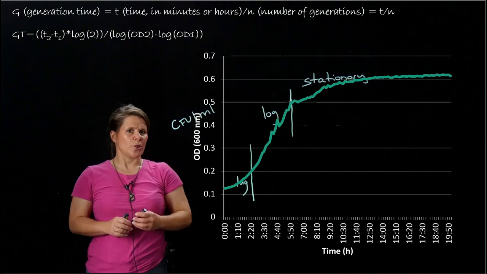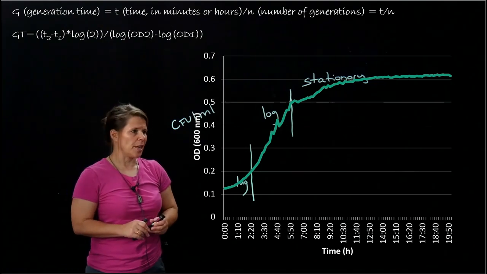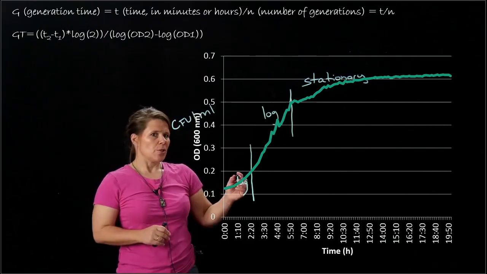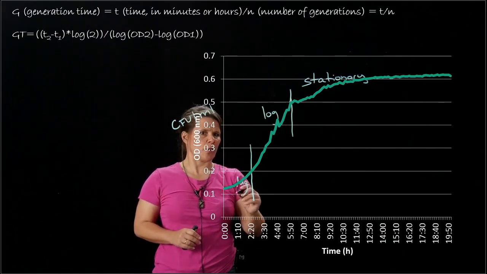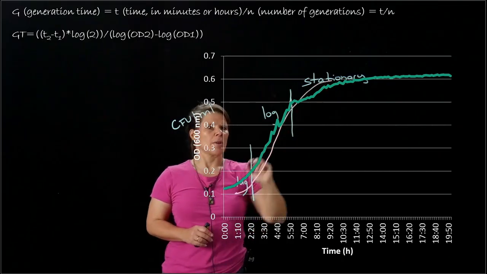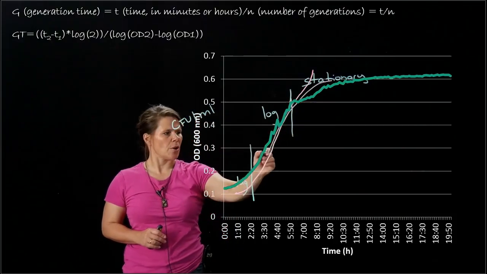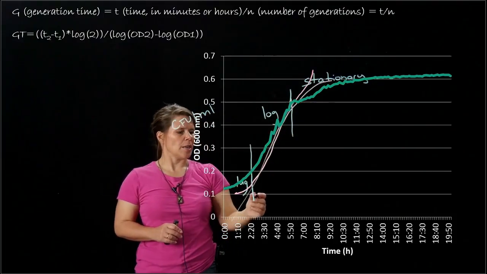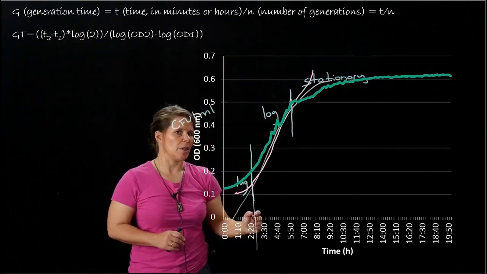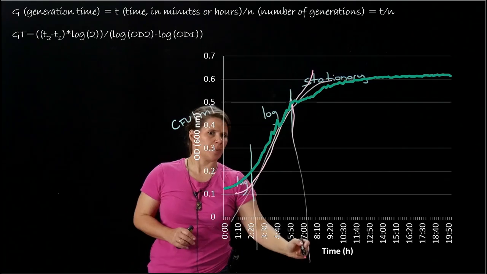So now we want to determine the generation time, which is a numeric evaluation of the speed of growth. If you have your growth curve here, you want to determine the steepest part of your curve and then determine what time it crosses the axis at the beginning and at the end of your steepest part.